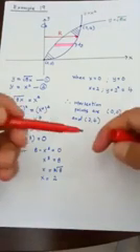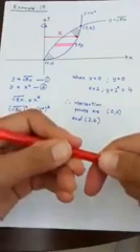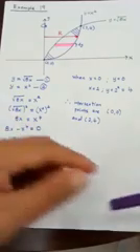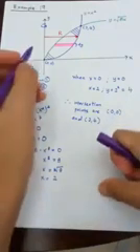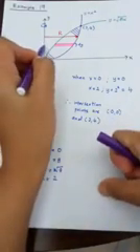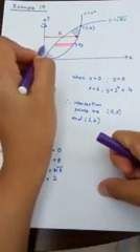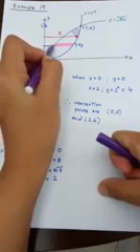Now my inner radius is from the axis of rotation, so again the y-axis, up to the inner curve.